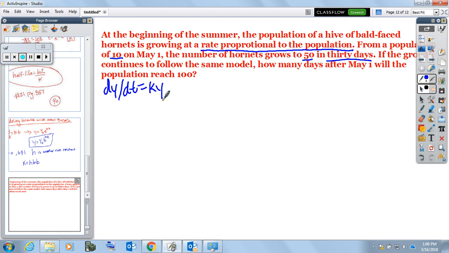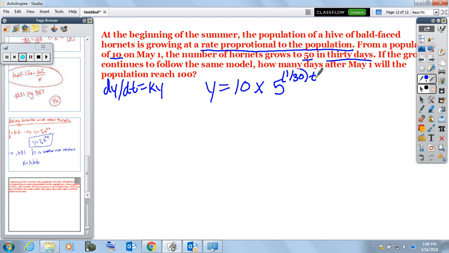Now, we only need to solve the equation for t. So in base 5, y will equal 10, your initial, times base 5 to the 1 over 30 times t power. Because this is what happens: it's growing at a constant of 1 out of 30.